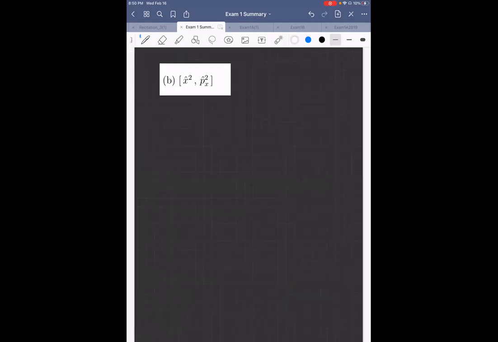So from our definition of commutators, we found that this is true. But we also found that let's imagine if we were to switch these around, right?